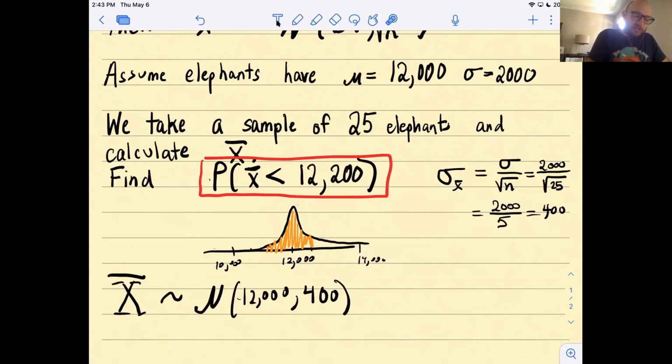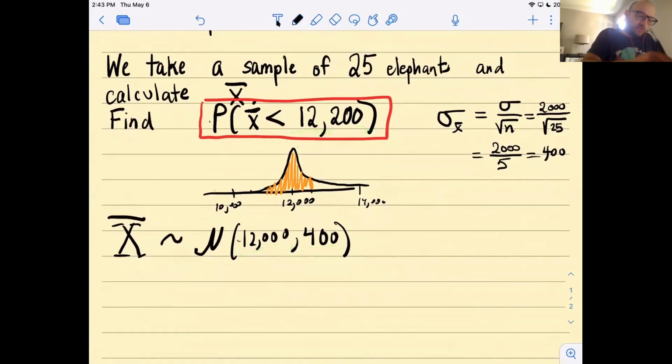If you ask me what's the chance that it's less than 12,200, and I know the mean and I know the standard deviation, I can answer that. So let's find the z-score. The z-score of this is equal to x minus mu over sigma.